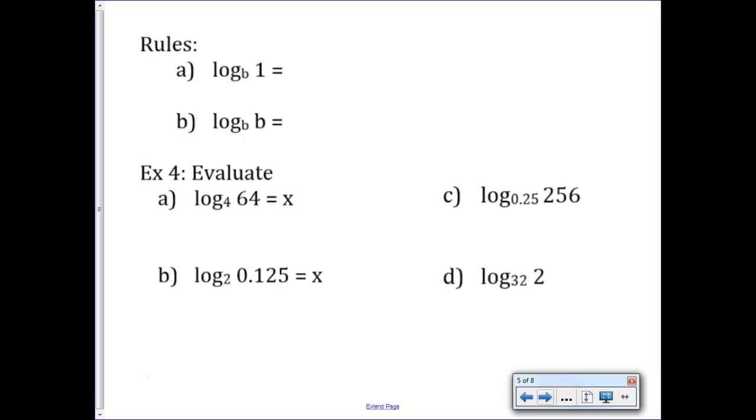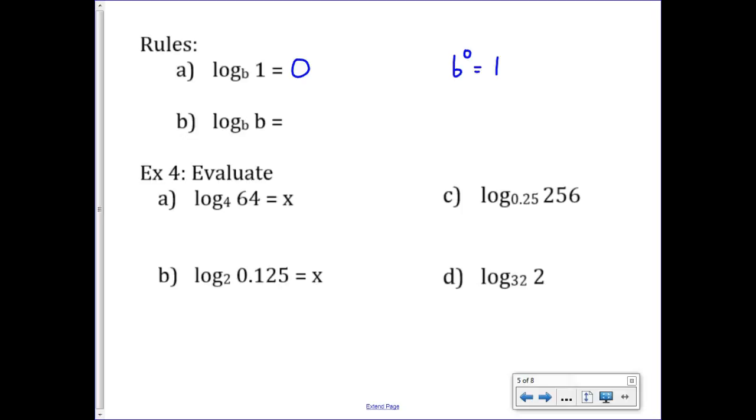So, a couple rules. If we have a log of 1 base b, that's always going to be equal to 0. I want you to think through this, because if we rewrote this in exponential form, that would be b to the 0, and we know anything to the 0 power is 1.